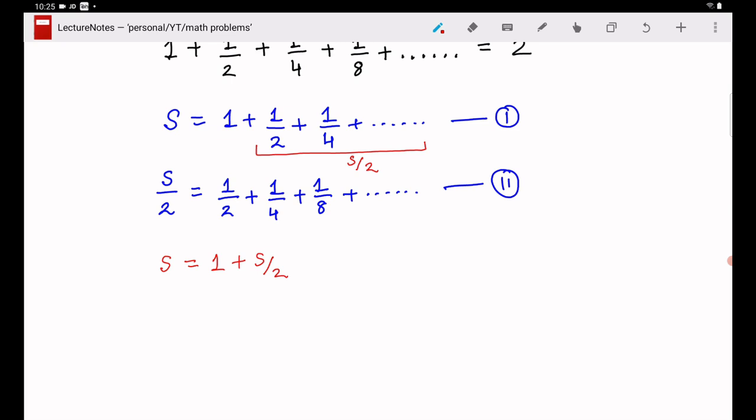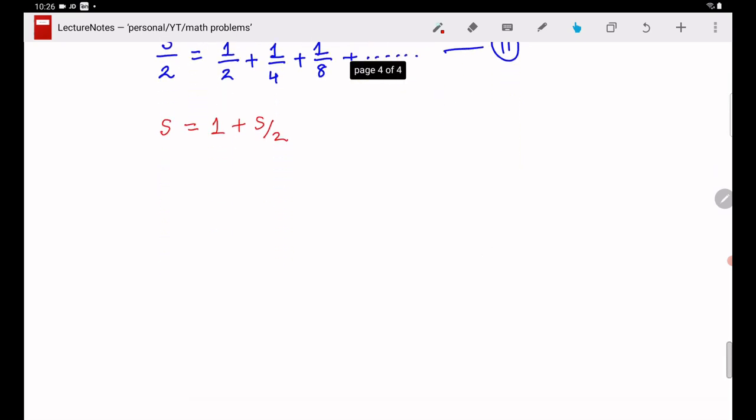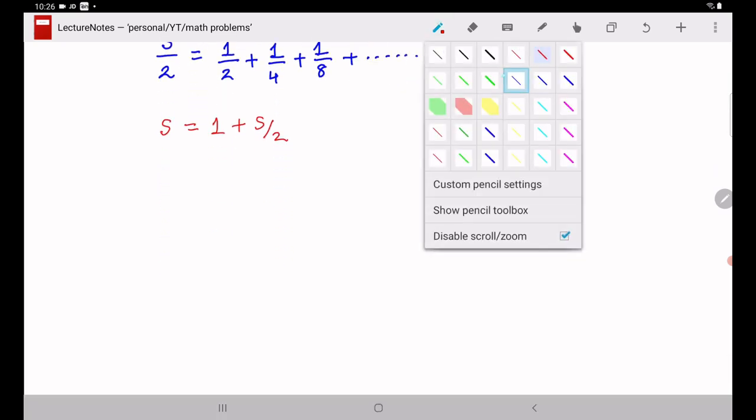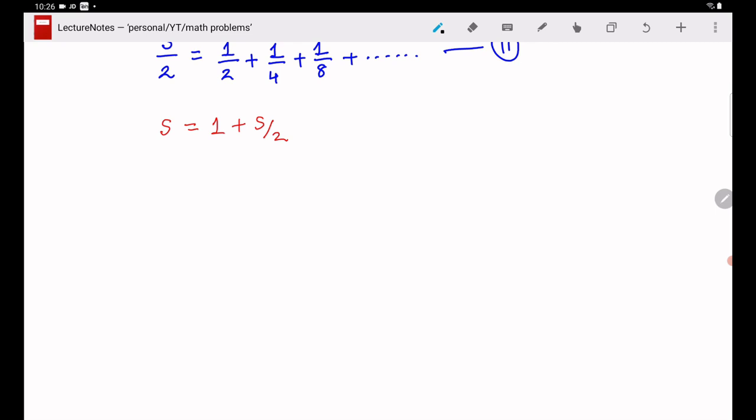Say if we had to find the sum of a different series. So for example, if we had a series with terms 1 plus 1 by 3 plus 1 by 9 plus 1 by 27 and so on, and this was an infinite series, in this case, how do we find the value of S?